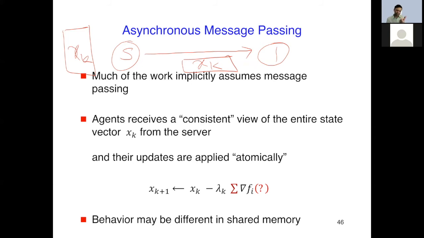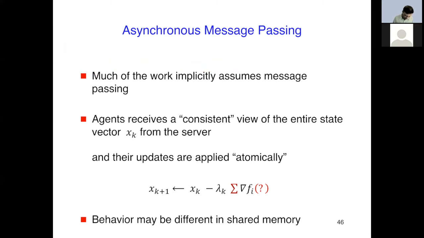Now, because of the way the server is composing the messages, the server will have a consistent view of the vector. Imagine that the server initially has value xk, which maybe has 4 elements, and it computes xk plus 1, which also has 4 elements.